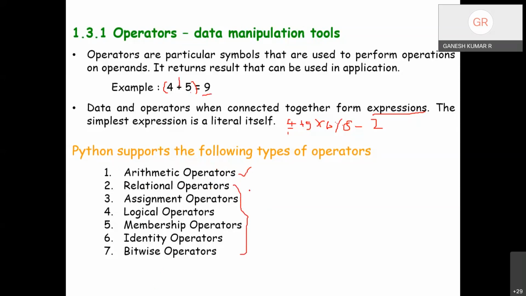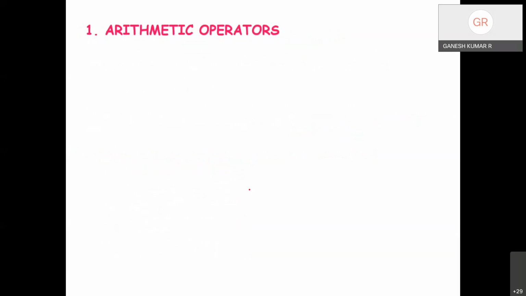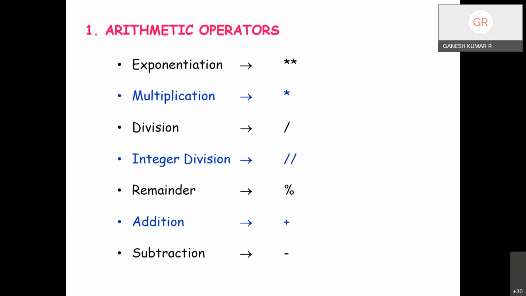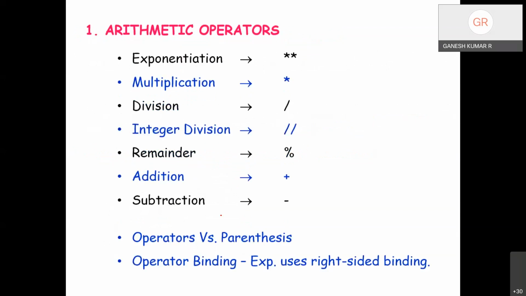Now coming to the arithmetic operators. What are the arithmetic operators? We have exponentiation, multiplication, division, integer division, remainder or percentage, addition, subtraction, and two more special features: operators versus parentheses, and binding of operators.